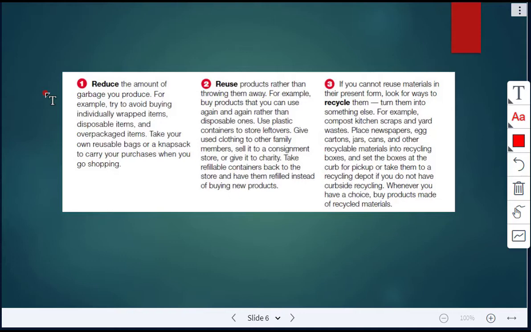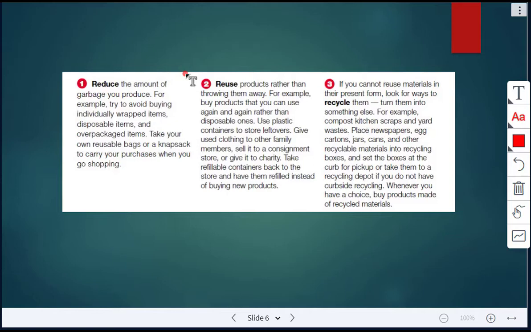Take reusable bags or a backpack to carry your purchases when you go shopping. And a lot of stores now are charging you for bags anyways. They're charging you, I don't know, up to 15 cents for a plastic bag. So take your own.